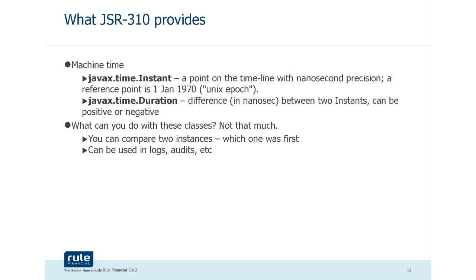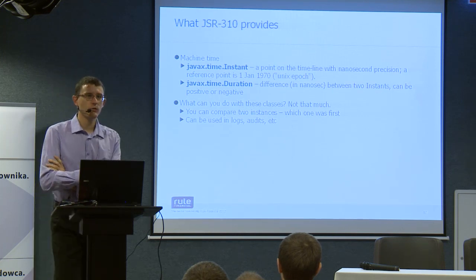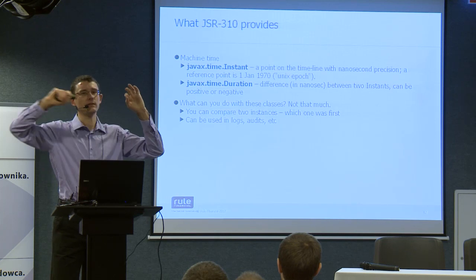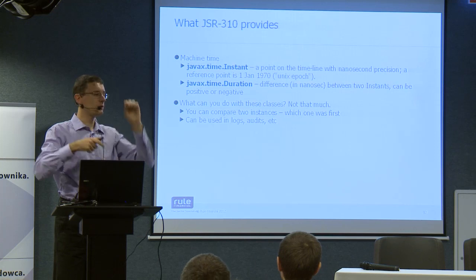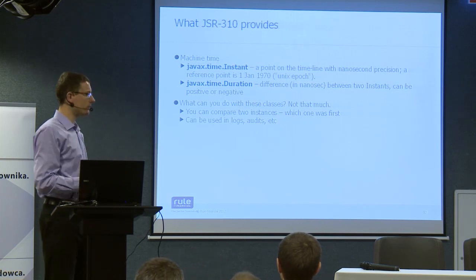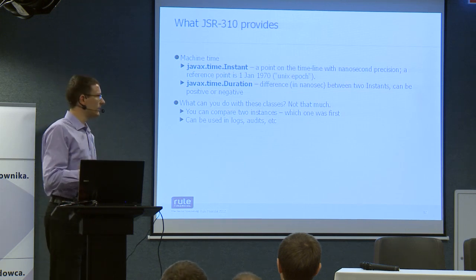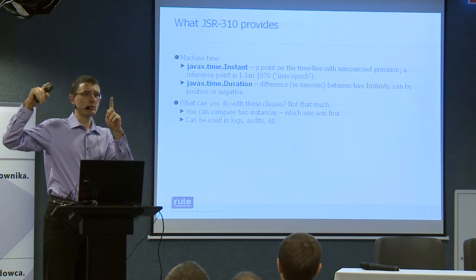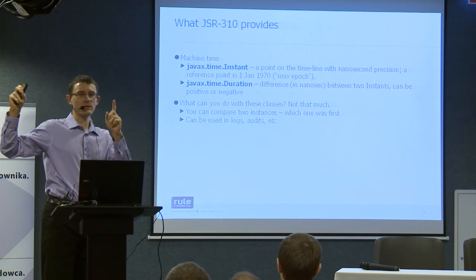So let's first take a look at the machine time model. There are basically two classes. First is the Instant, and the second is Duration. What's an Instant? If you imagine time as a line, an axis, there is some reference point, in this case 1st January 1970, a well-known date, and this scale has nanosecond precision, and you can find a point on this line.